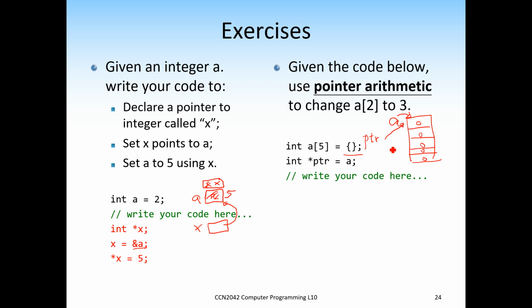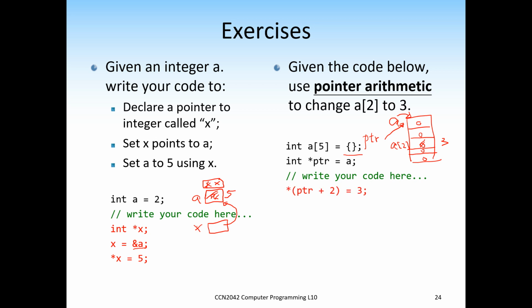So now we would like to make use of the pointer arithmetic to change on a2, a0, a1, a2. So we would like to change this block into 3. 我哋而家想透過 ptr 去改得到 A2 嗰格，將佢由0改做3。Okay?